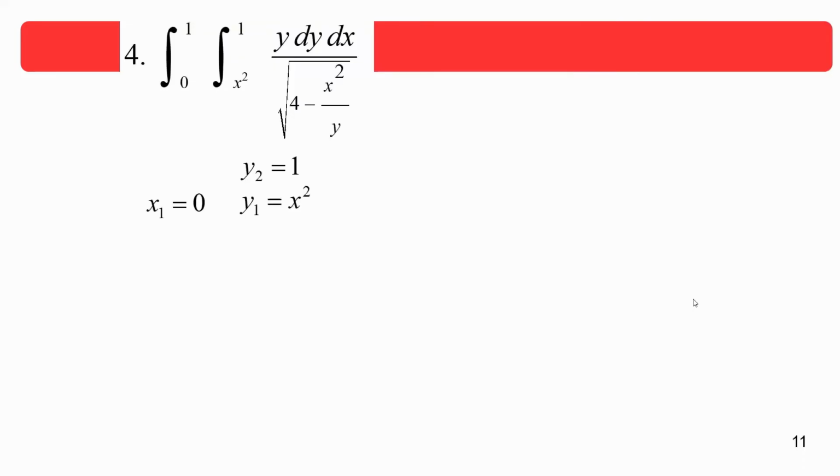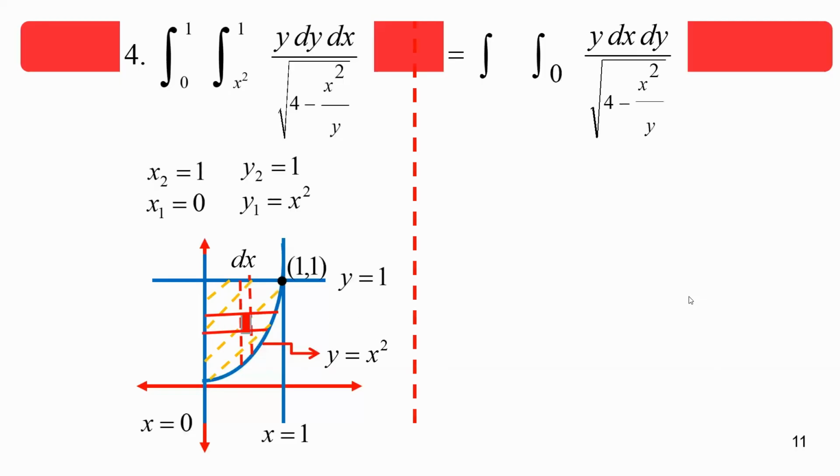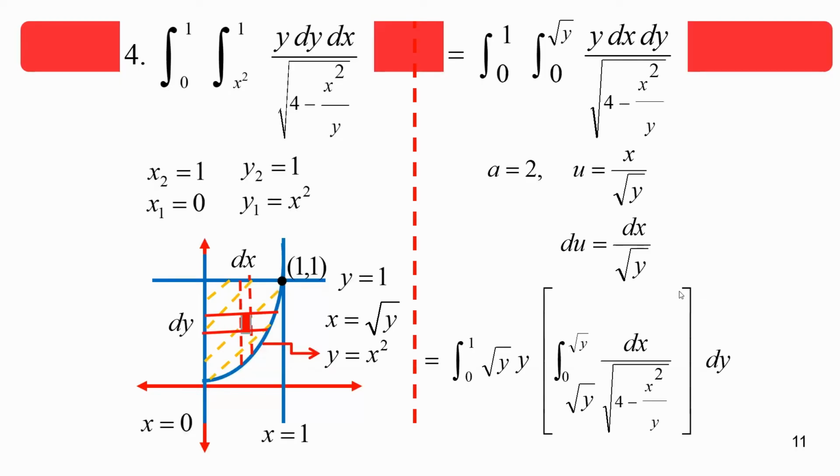By the way, in here, I gave some more problems. What happened was, this one's already solved. You can see in here that y equals x squared, y equals 1. So originally, dy dx. So originally, it's the dotted. And then we changed the order to dx dy. It became the solid rectangle. So it was already provided to you, the drawing in here.